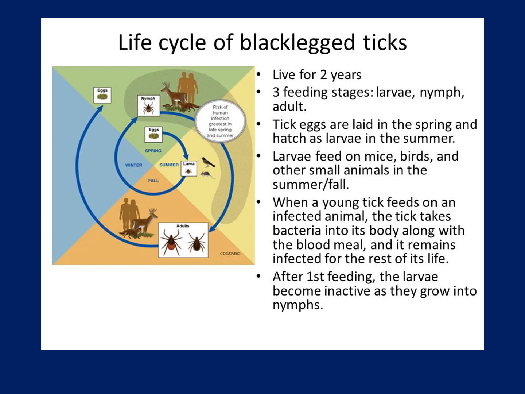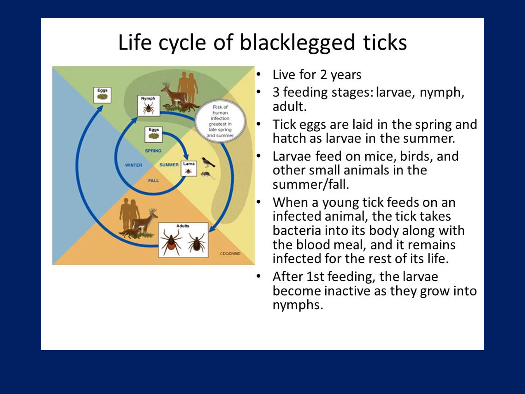The life cycle is a little bit of a confusing picture, but in the early spring, you're basically going to have a couple different life stages. You're going to have the adults that have overwintered, that are possibly still looking for a blood meal before they lay their eggs.